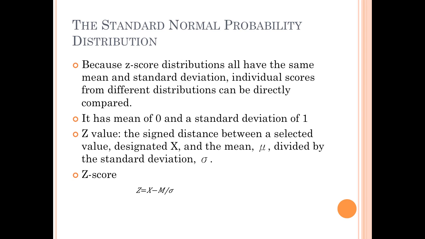A z-value is the signed distance between a selected value, designated x, and the mean, mu, divided by the standard deviation, sigma. So there is the formula for a z-score right here.